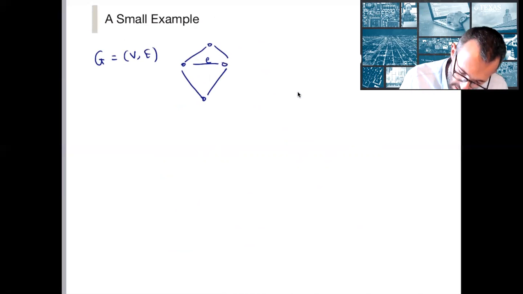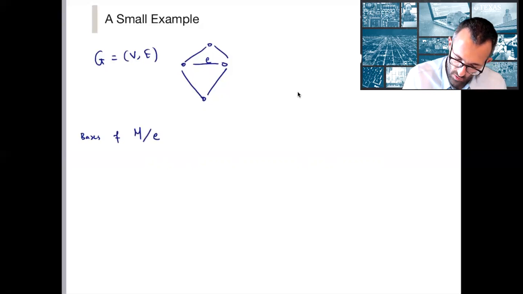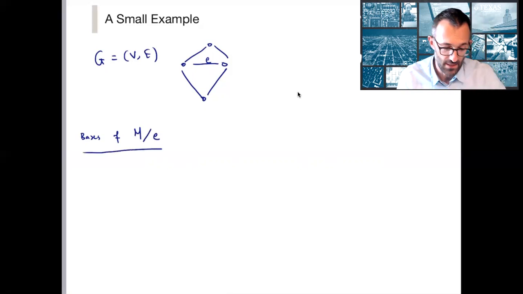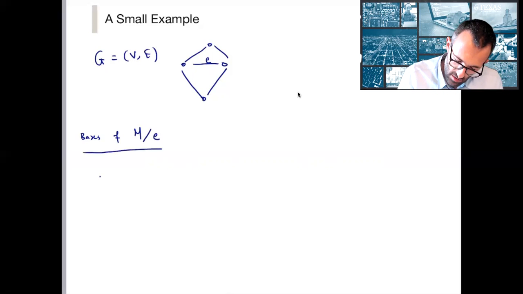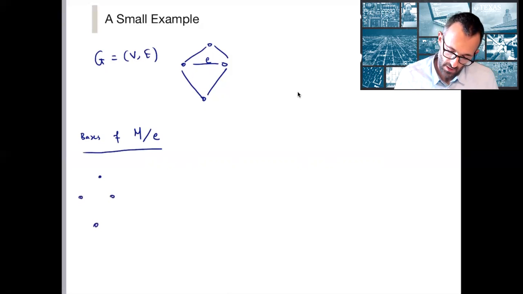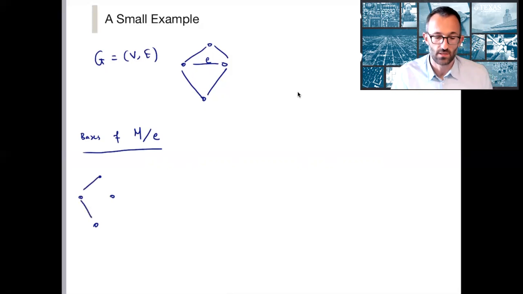So what are the bases of M with e contracted rather than deleted? So we're talking about which edges can we have. Now, I can't have this edge at all. That edge has been deleted. So we're just talking about what subsets of the other edges, and you can see that this is one base. I can't add another one.